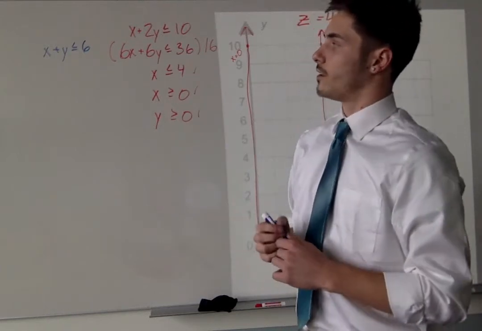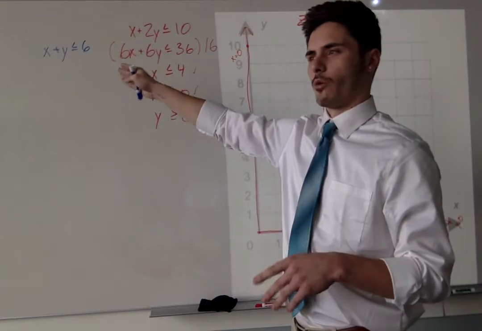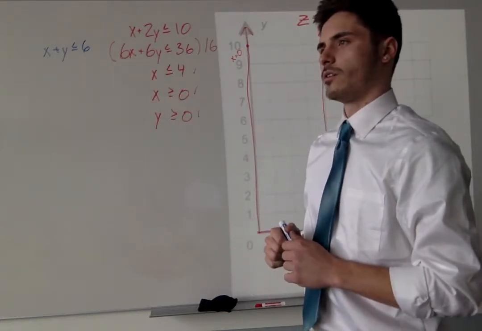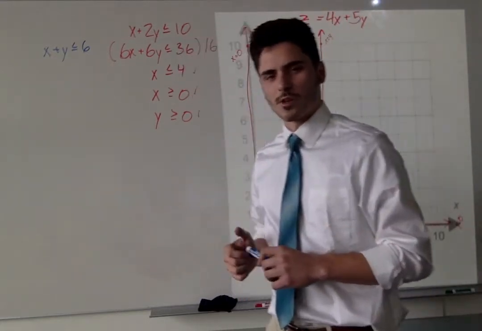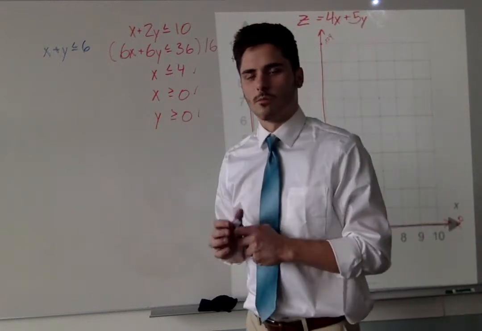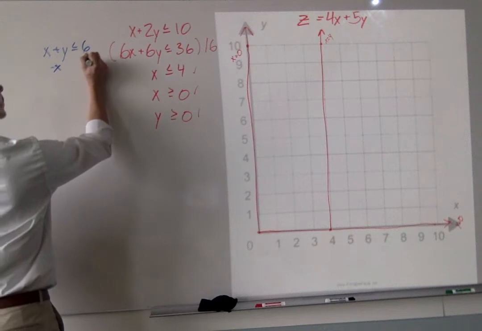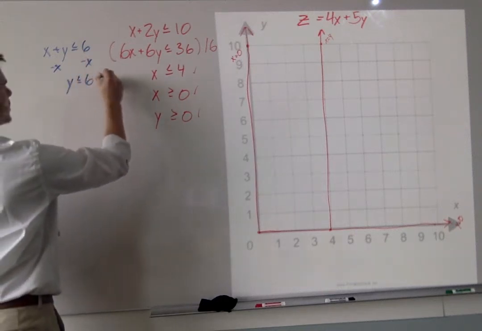So we can put this into slope-intercept form. That's what it is. We can put this into slope-intercept form very easily by subtracting x from both sides, and we get y is less than or equal to 6 minus x.